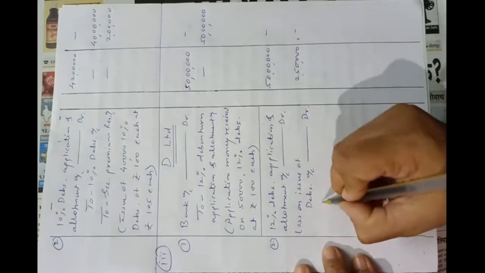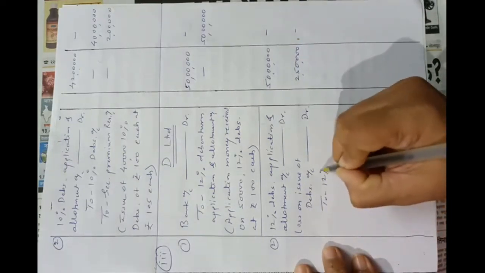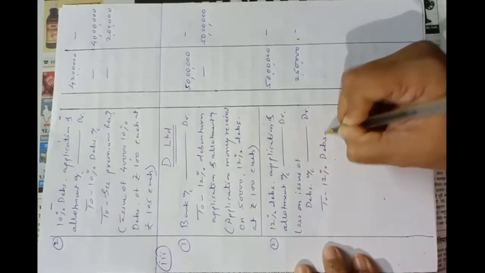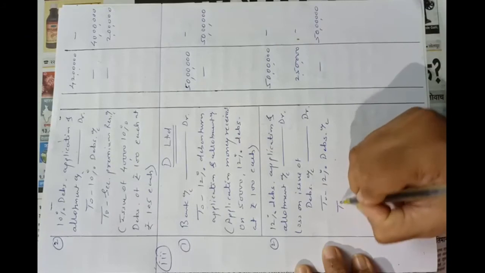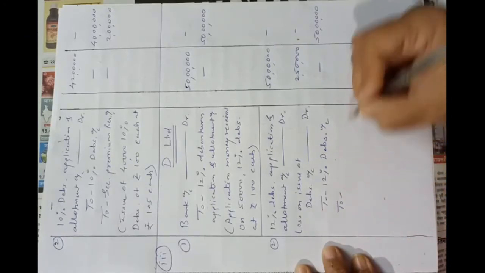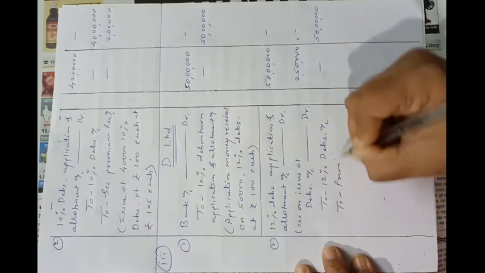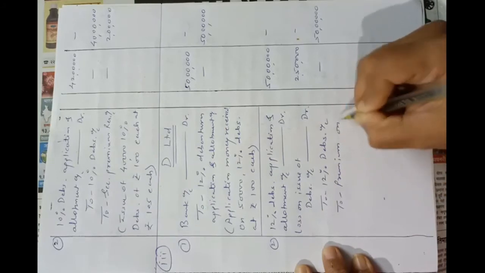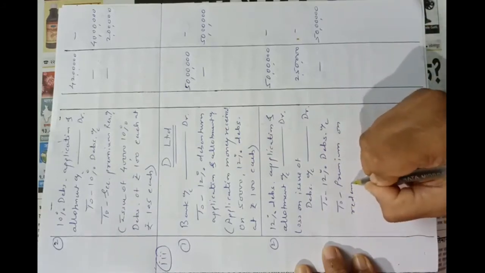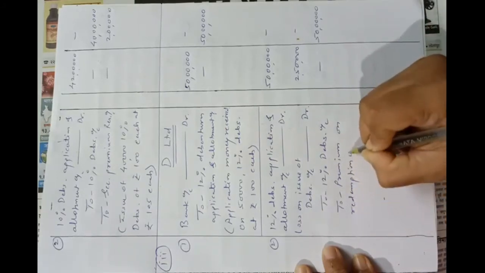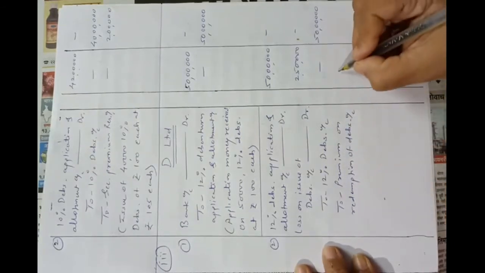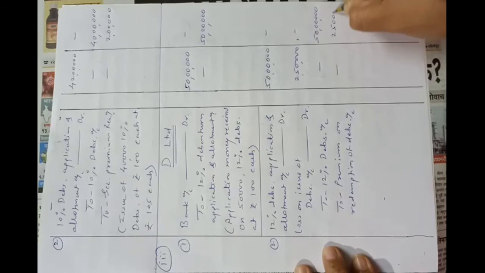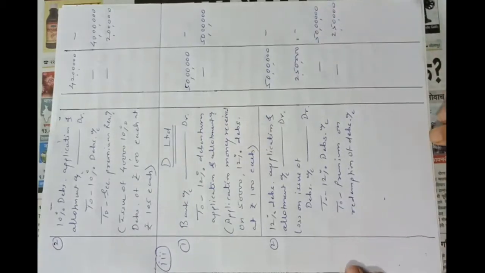Okay, to 12% debentures account, 50 lakhs, to premium on redemption of debentures account, 2,50,000. Understood?